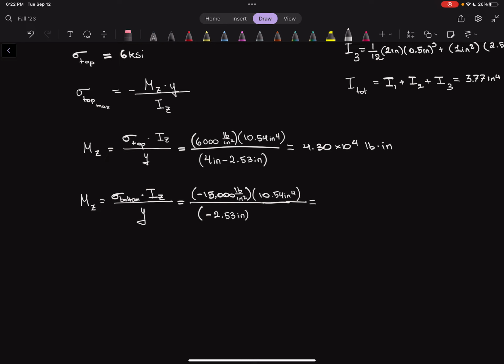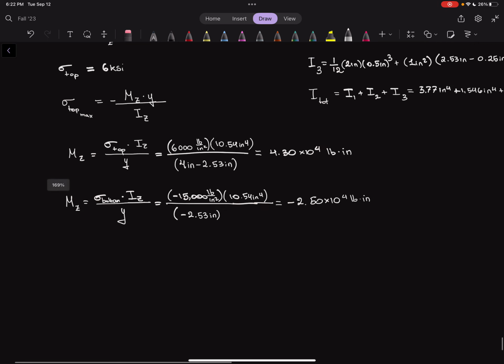From the bottom, we're going to get negative 0.50 times 10 to the fourth pounds times inches.